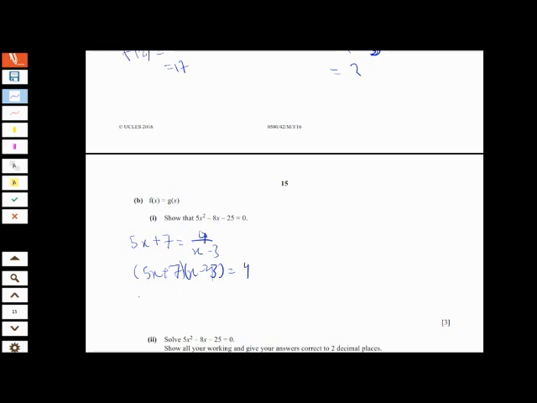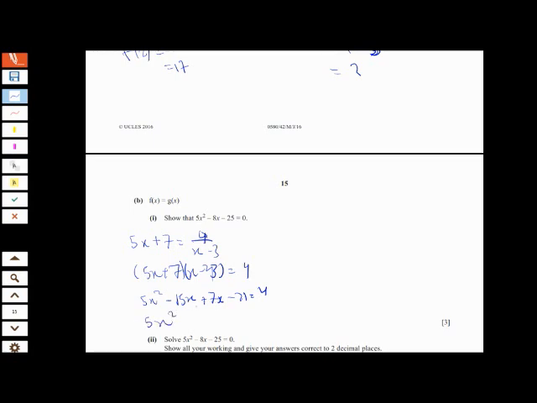Now distribute: 5x times x is 5x squared. 5x times negative 3 is negative 15x. 7 times x is 7x. And then 7 times negative 3 is negative 21, equals 4.